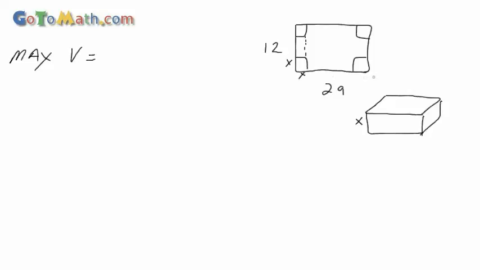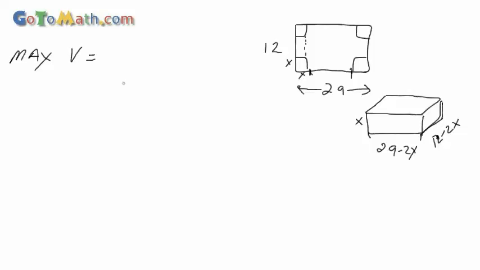Now this side right here, since the entire side is 29 inches, what is this distance here, which is the width of the box? This is going to be 29 minus 2x, and then this side over here would be 12 minus 2x.